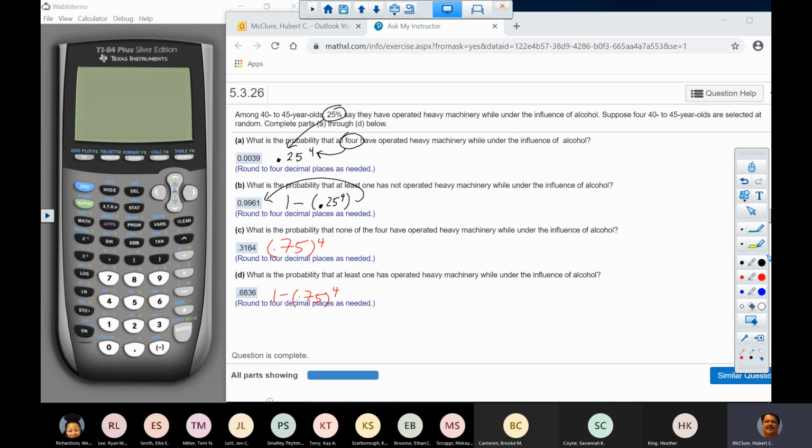Well, that's 0.9961. What is the probability that none of the 4 have operated? About a 31% or 32% chance. And what is the probability that at least 1 has operated? That's a 67% or 68% chance.